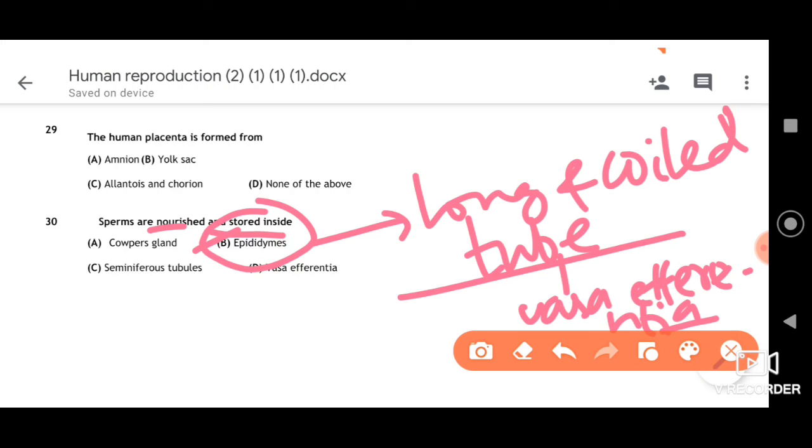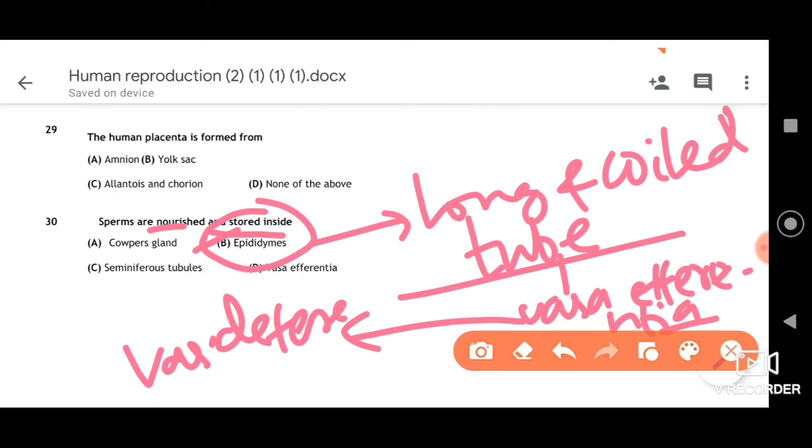The epididymis stores and nourishes the sperms until they are moved further to the vas deferens. Till it moves to the vas deferens, they are provided proper nourishment, and of course they are also stored in the epididymis. So the right answer here is option B.